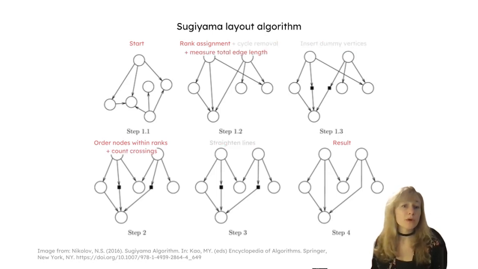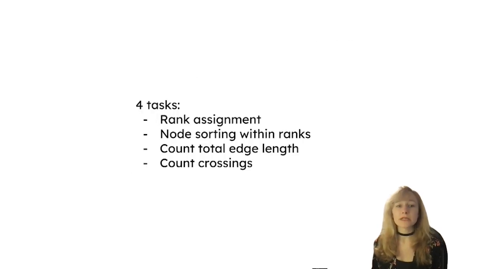From these steps, we took only a few, the ones that would be fundamental to get the bare bones of Sugiyama, the most important ones, plus 2 additional utility things that would be needed anyway to apply those steps. So we ended up selecting 4 tasks that we wanted ChatGPT to solve: rank assignment, node sorting within ranks, counting the total edge length, and counting crossings.